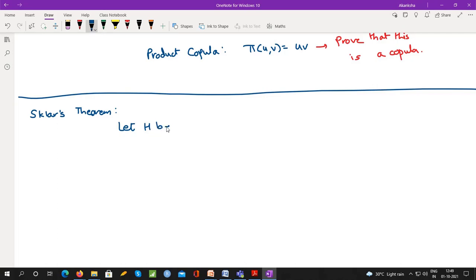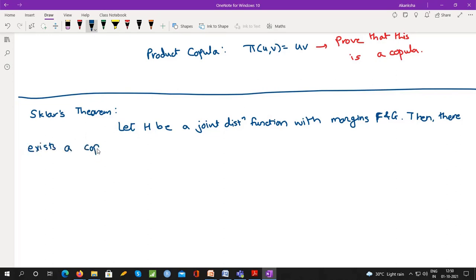Let H be a joint distribution function with margins F and G. Then there exists a copula C such that for every x, y in R bar, H(x,y) is C(F(x), G(y)).